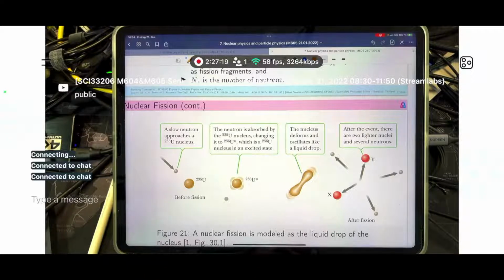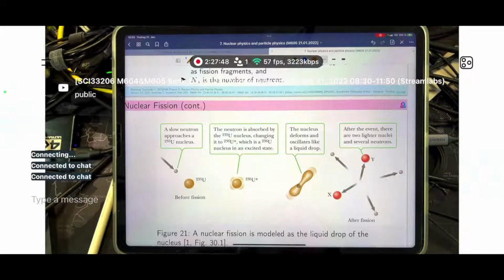Once the vibration gets stronger and stronger, the nucleus deforms itself to become like a liquid drop, or water drop. Because when there is vibration, the nuclear force may not be able to hold every proton and neutron together anymore, so they try to leave each other.